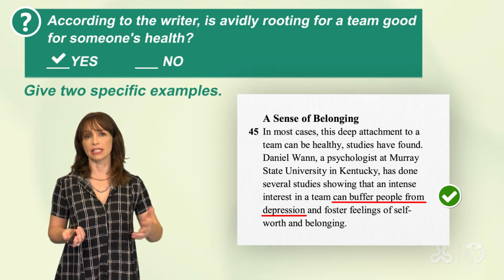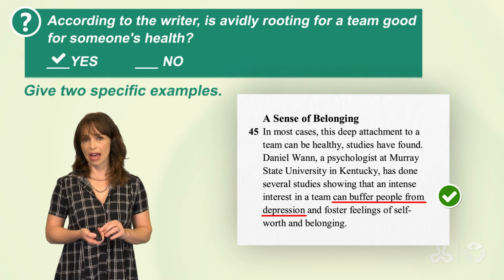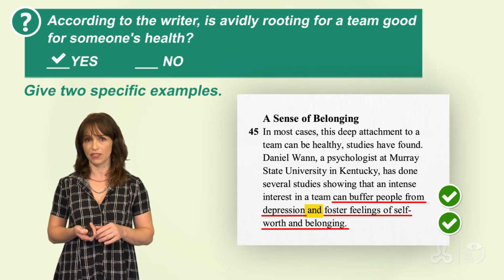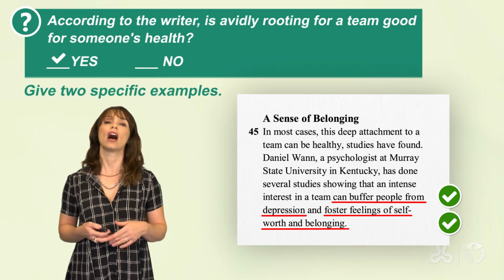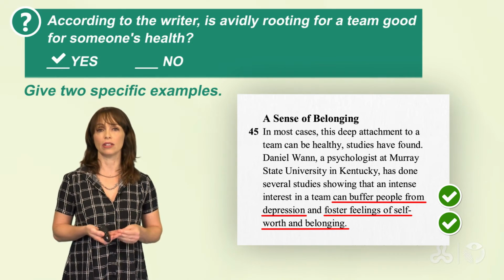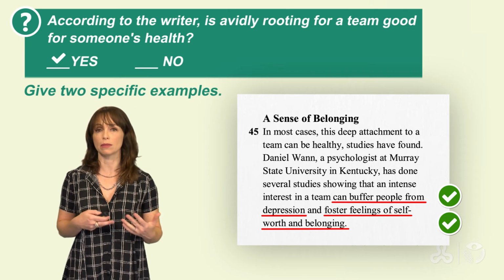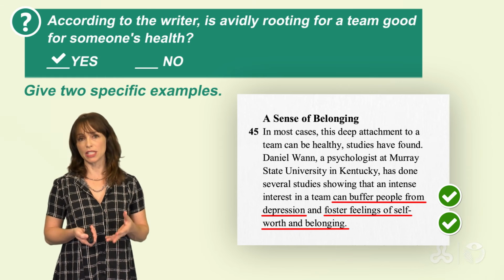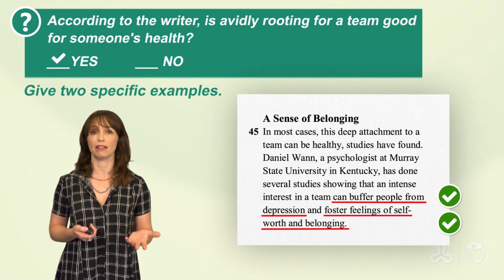So, of course, this is a good finding, that it's healthy. And we also have the word and, in addition, another specific example. Rooting for a team can also foster feelings of self-worth and belonging, yes? It also encourages or creates feelings of self-esteem and belonging. So that's a second specific example that shows us that rooting for a team can be healthy.